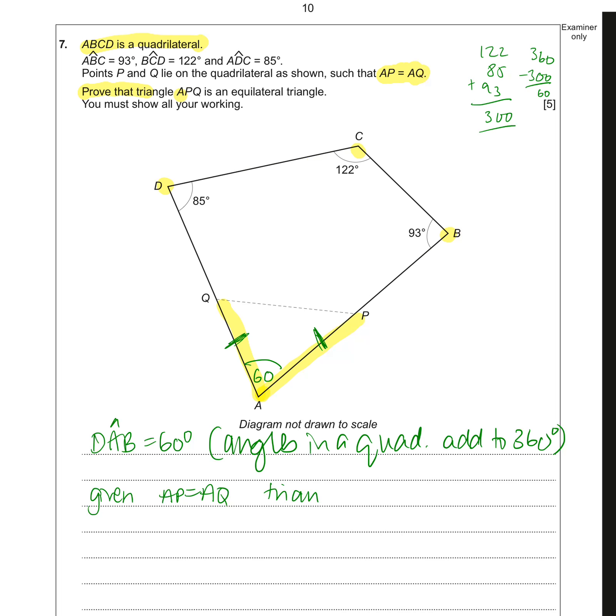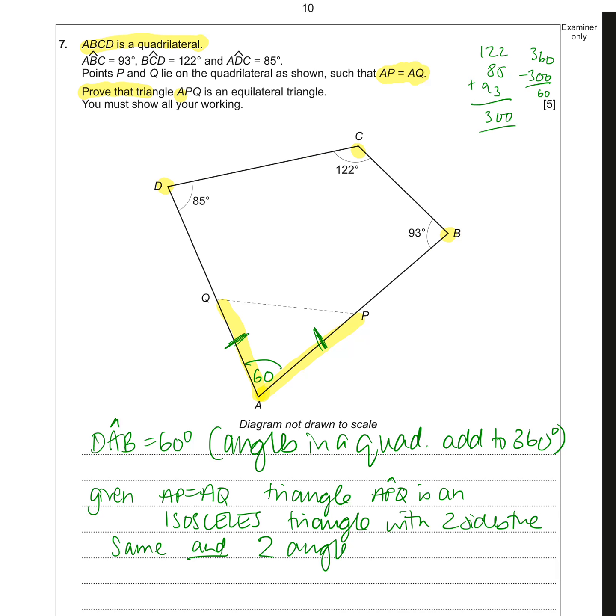triangle APQ, that's the name of it, is an isosceles triangle with two sides the same, which is why I know it's an isosceles, because AP is the same as AQ, and two angles the same size.